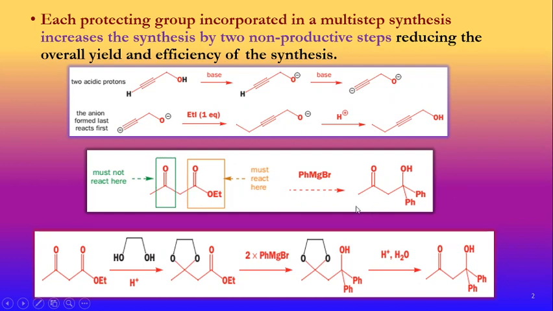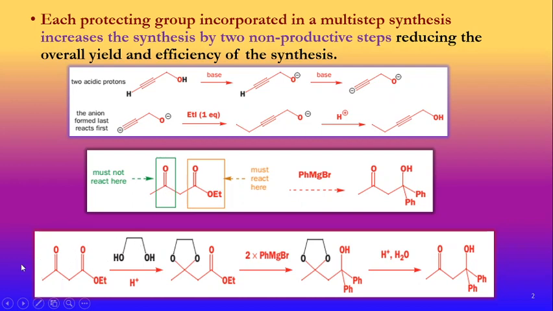That means this is impossible, but we get this product with the help of protection and deprotection. The more reactive functional group can be protected, and only then is the phenyl magnesium bromide reacted with this less reactive functional group and we get our desired product. That means we temporarily block the reactivity of this ketone with the help of protection.